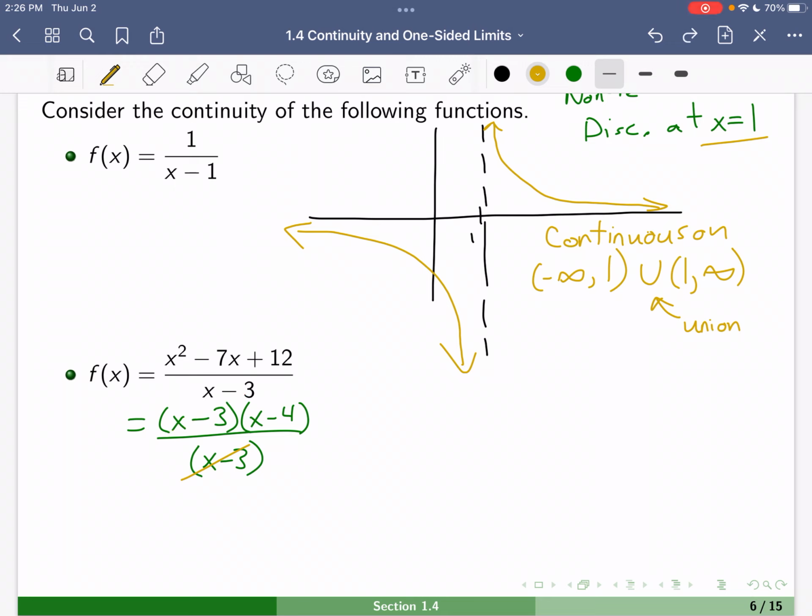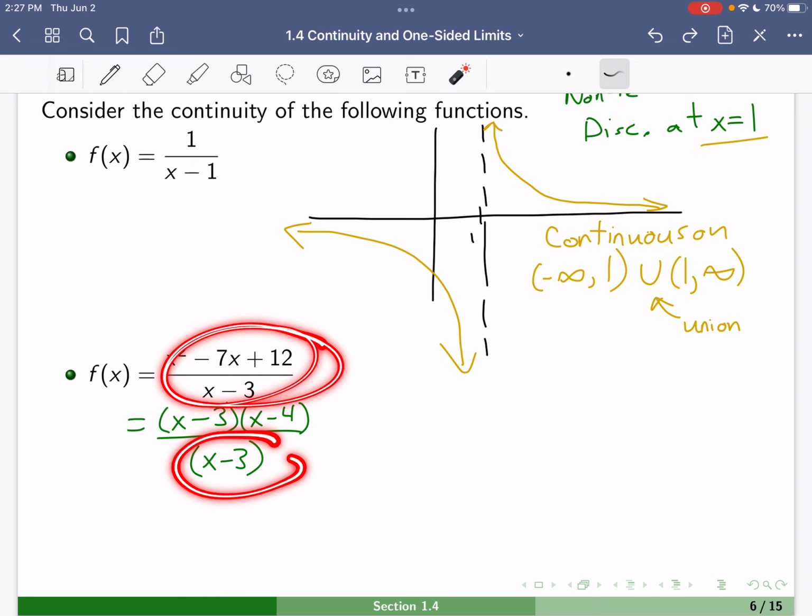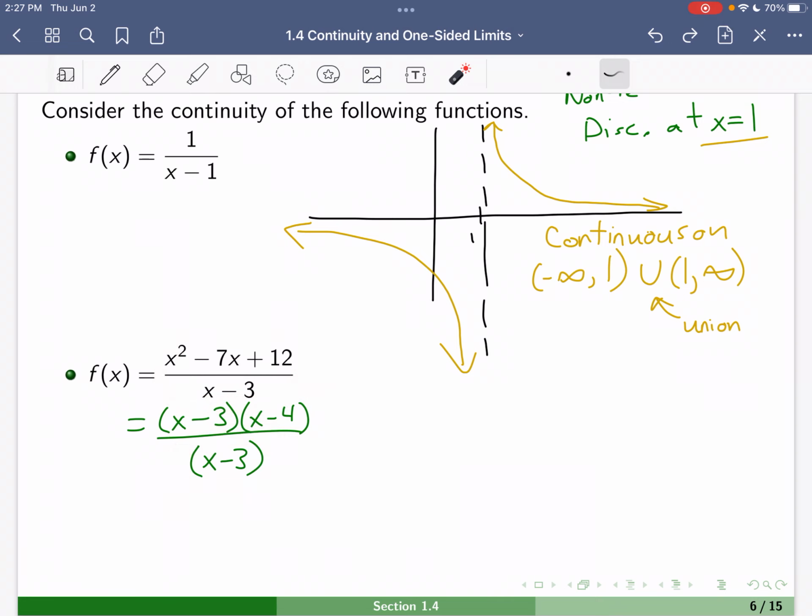We can't do that here because that would cause the function to be slightly different. The original function is not defined when x is equal to 3, so at x equals 3 this function is undefined.